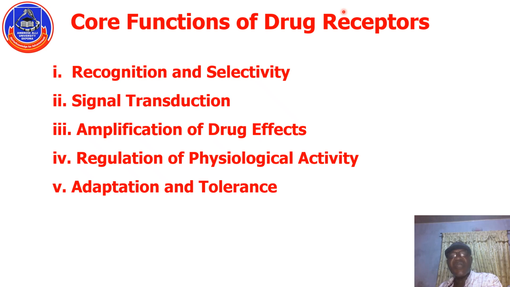That is recognition and selectivity. On signal transduction, receptors translate drug binding into intracellular events, for example, ion movement, enzyme activation, or gene expression. For amplification, a single drug receptor interaction can affect multiple downstream molecules, producing a large biological response from a small drug dose.